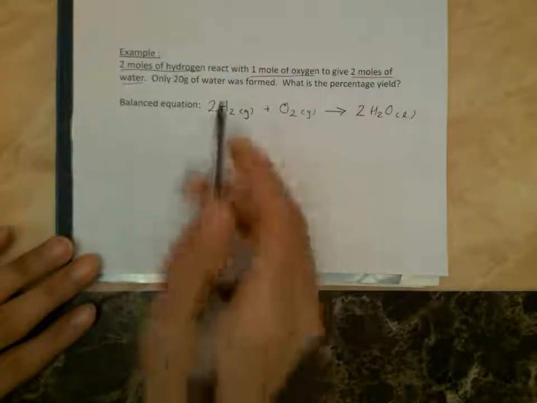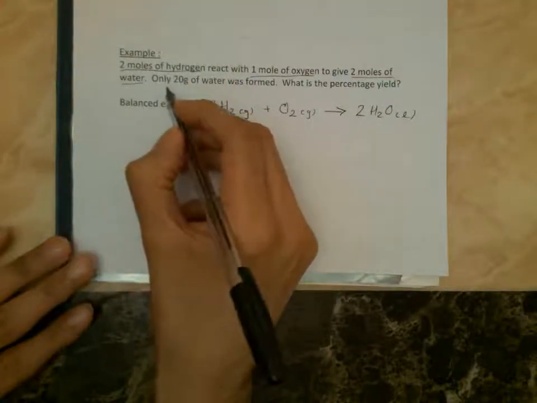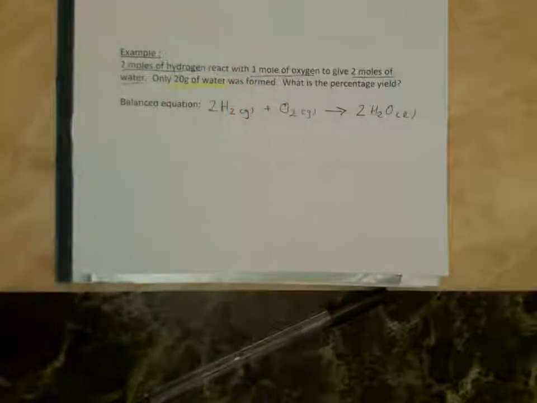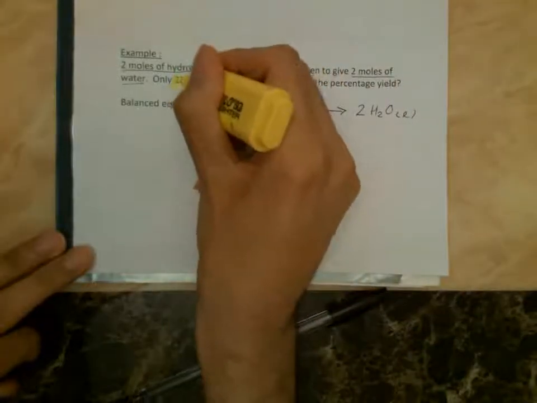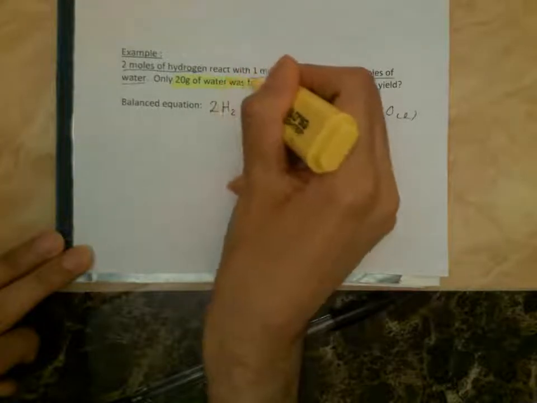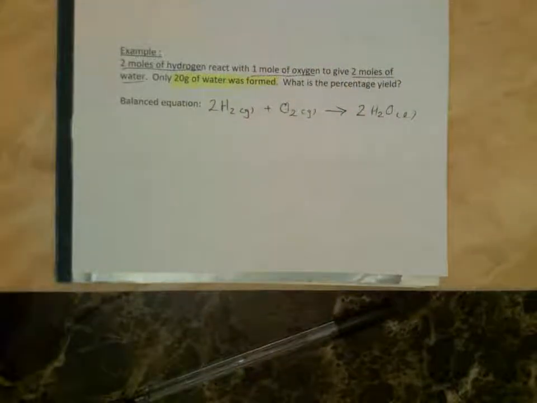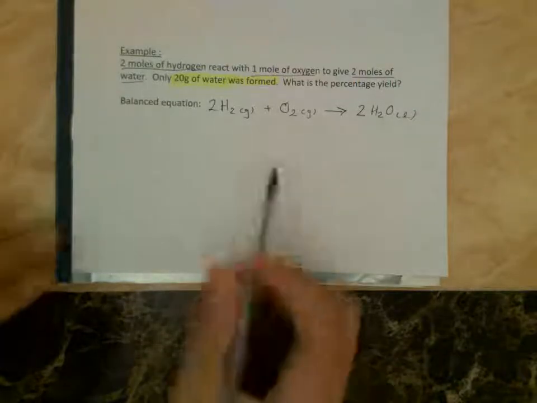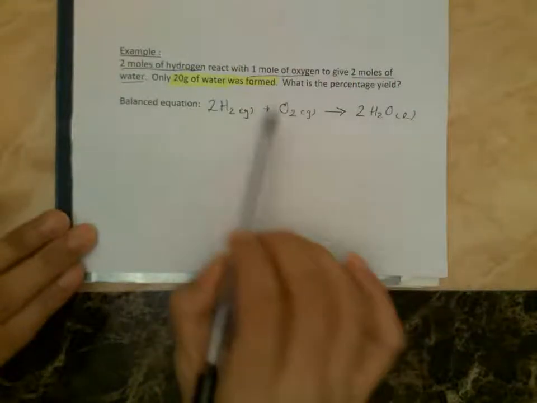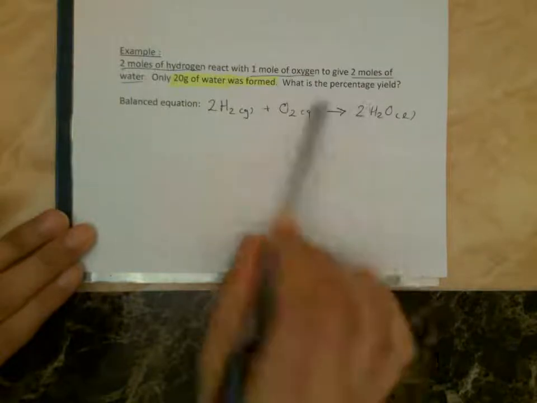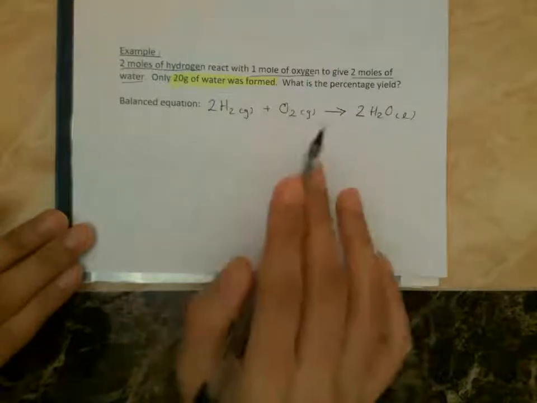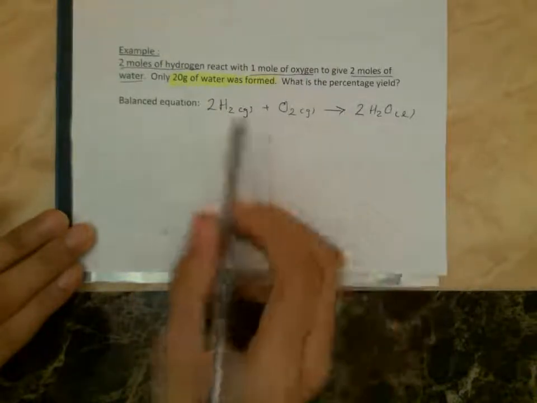So the actual amount that was produced in this reaction was 20 grams. So 20 grams was produced. But what we can calculate using this equation is the maximum mass, so the theoretical amount that we could produce from this reaction.